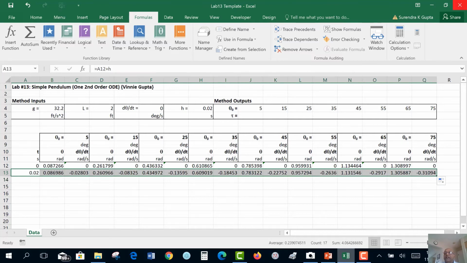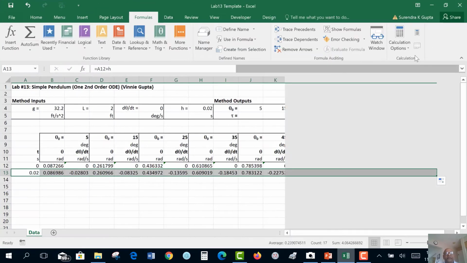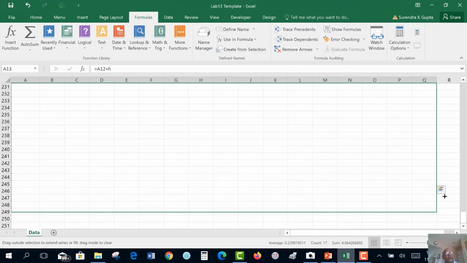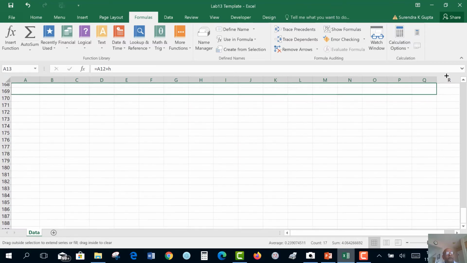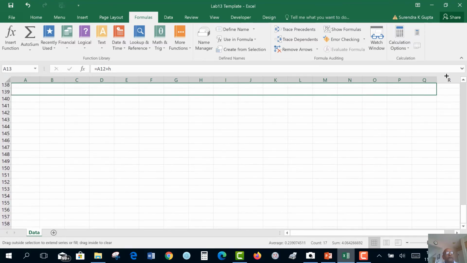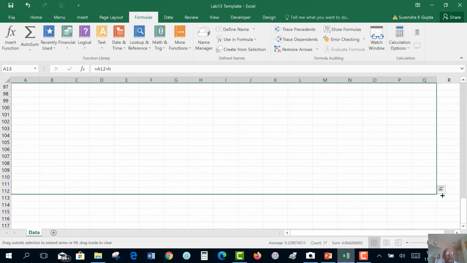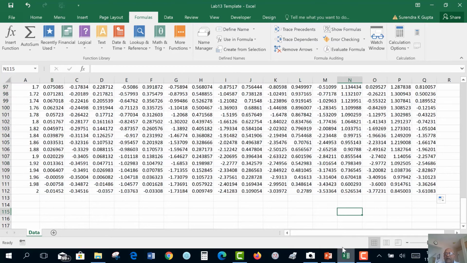So notice how easy it is to do a parametric study. So now we are going to copy this down to row 112. Okay.